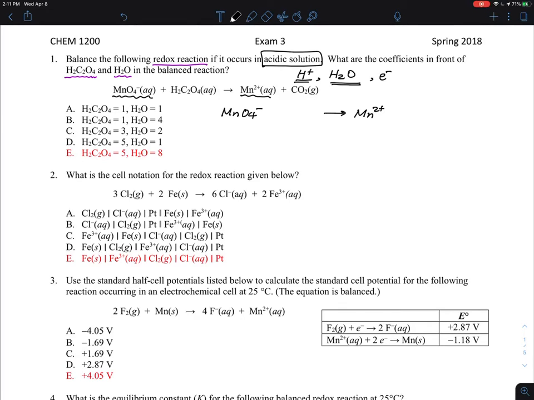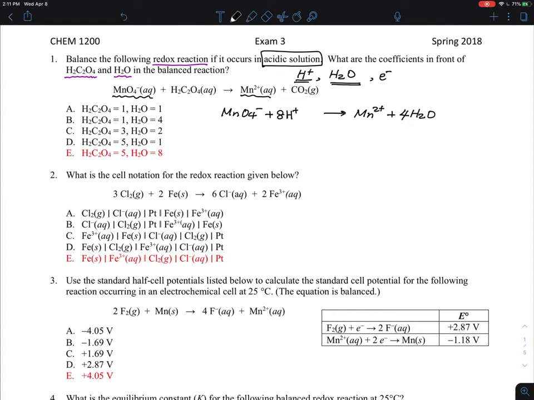So the oxygen first: you have 4 oxygen on the left hand side. So I need H2O, and I need to use 4. So there are 4 oxygen on both sides, and that's good. By doing so, I generate 8 hydrogens, so 8 H plus on the left-hand side will balance the number of hydrogens out.